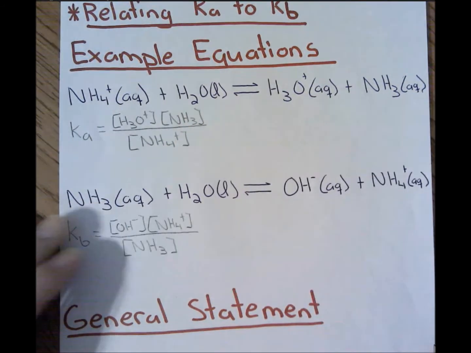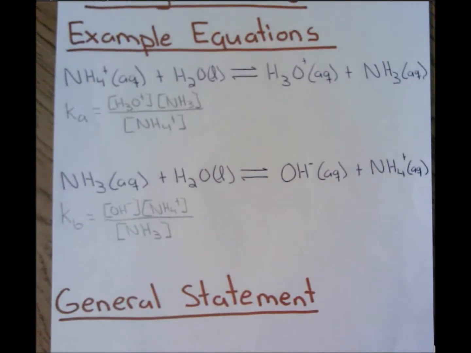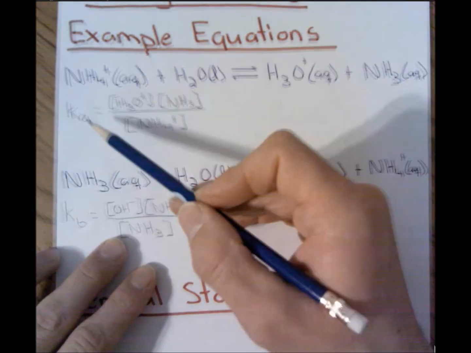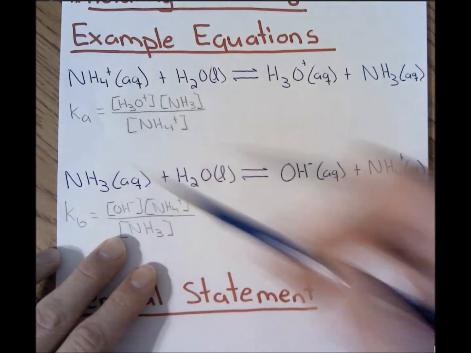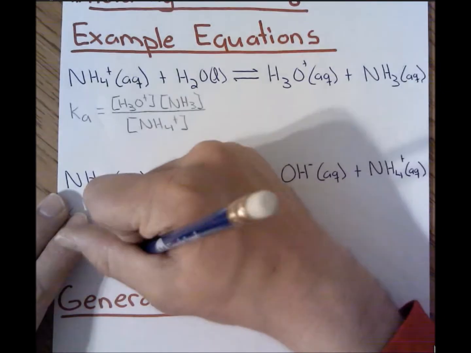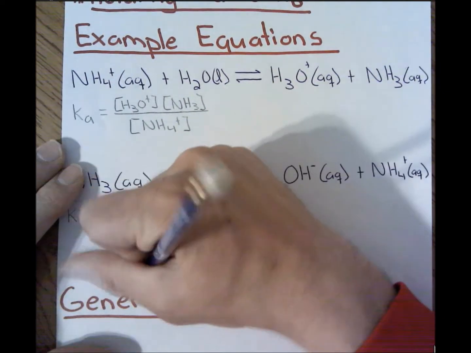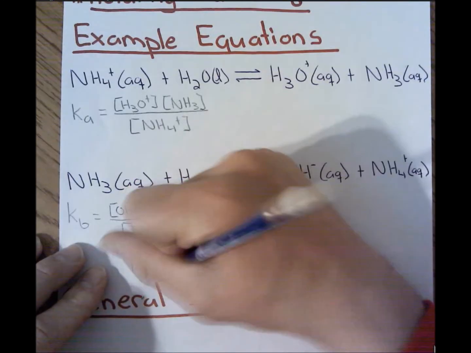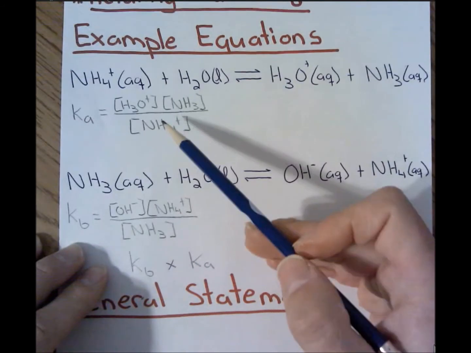All right, so now I'm going to take my Kb, which I already have written here, so I'm not going to rewrite it, and multiply it by my Ka that I just calculated up here.